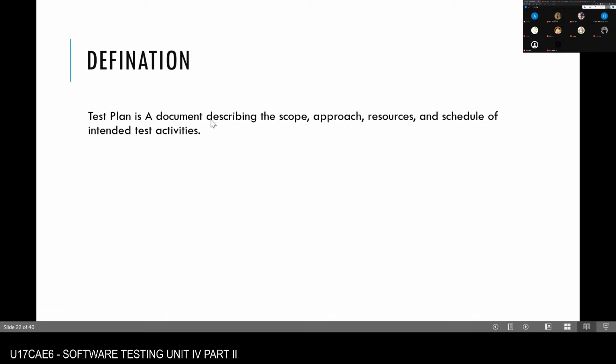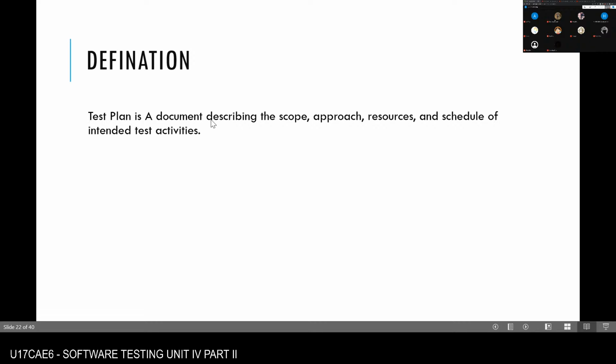Okay, so what is its importance, right? So mainly the first thing is that the test team, that is developers, business managers, customers, okay, they can understand the details of testing. Okay, and it is more of like a rule book, or what you have to do and how you have to do.